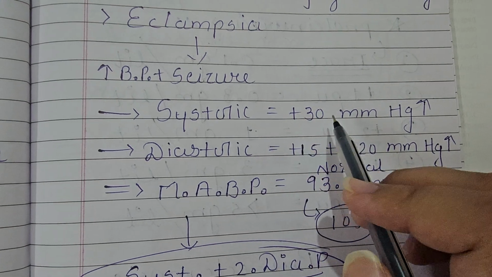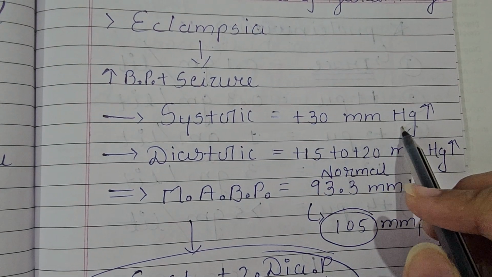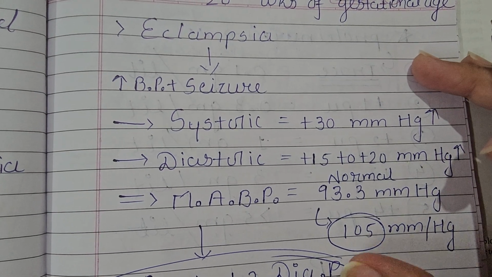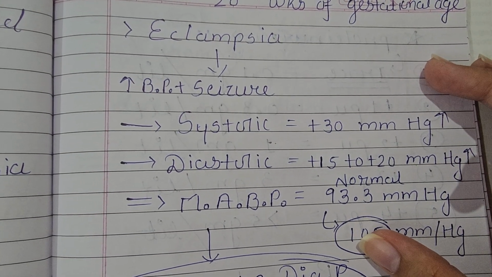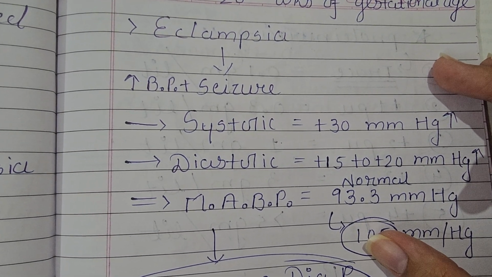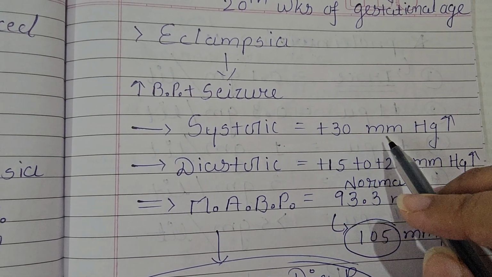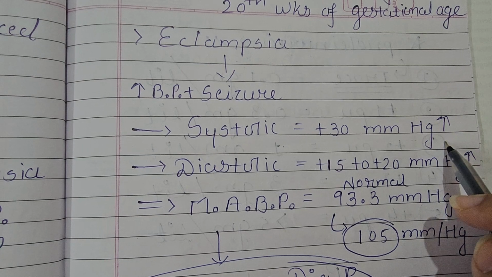In systolic, plus 30 mmHg: if a lady with preeclampsia has systolic blood pressure more than 140 mmHg, it can rise up to 30 mmHg more, like 170 mmHg.